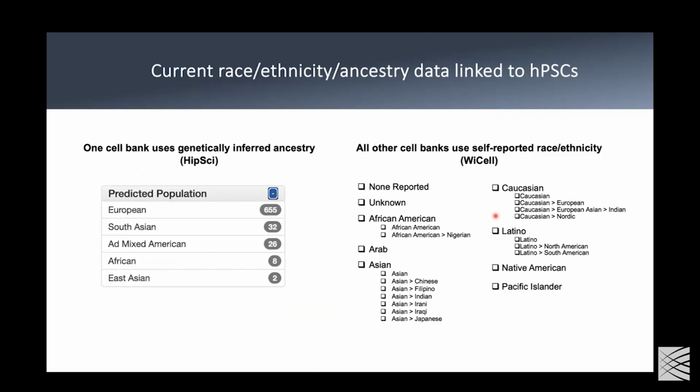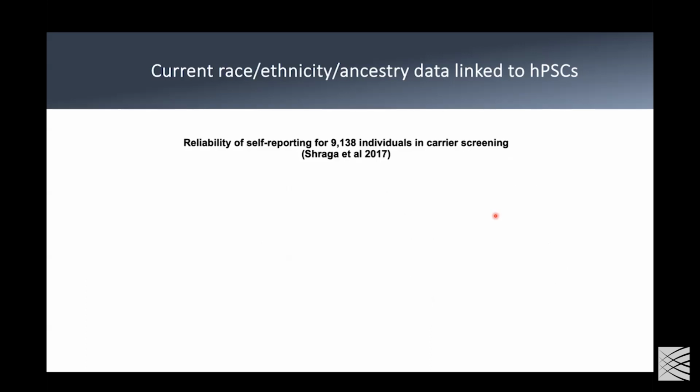It's also from self-reports. And so we wanted to think a little bit about whether that would be accurate, because again, these lines are really expensive to work with, and it's devastating to find out down the road that what you have been working with is not what you thought you had. So we looked into a study. This was looking at the reliability of self-reporting in the context specifically of carrier screening.